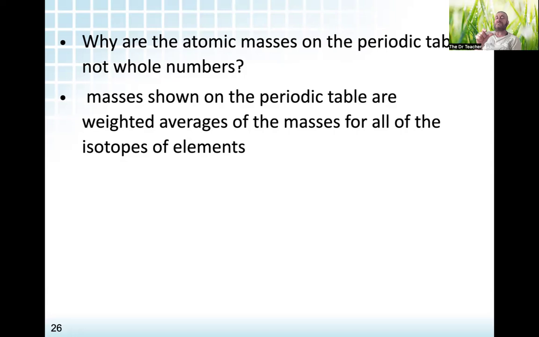When we take the weight of carbon, we can add the isotope weights and divide by 3, in the case of carbon having 3 isotopes. Then we take the average, and that will be the atomic mass of carbon. It's the same with the other elements.